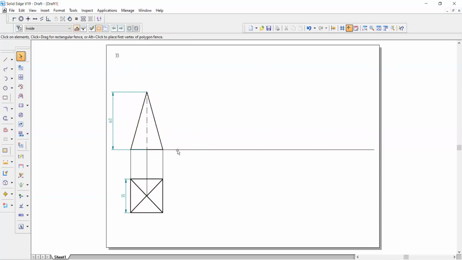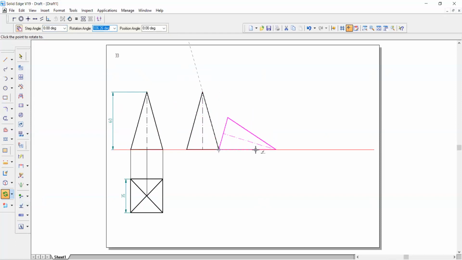So the next step: here the angle will not be given with respect to the HP. What you need to do is go for move copy, select this, and move copy that. Because we know it is resting on this particular edge, I'm going to rotate this till it is parallel to the XY line.